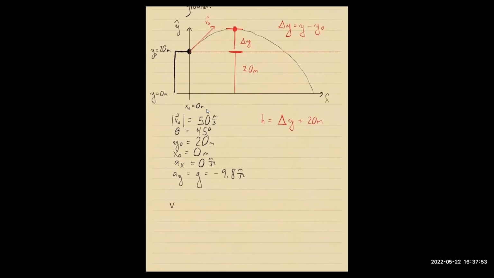So the x component of our initial velocity vector, v naught x, is equal to the magnitude of v naught times cosine of the angle between our x-axis and our vector. So this is going to be 50 meters per second times cosine of 45 degrees.